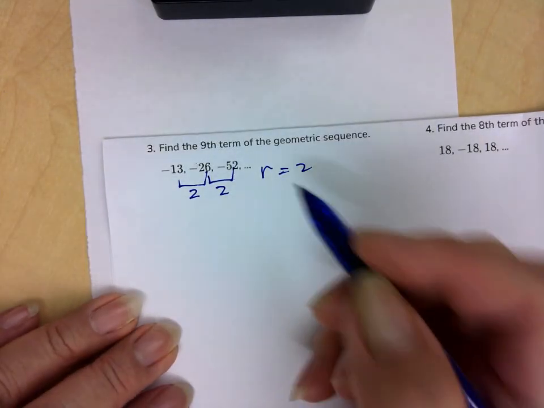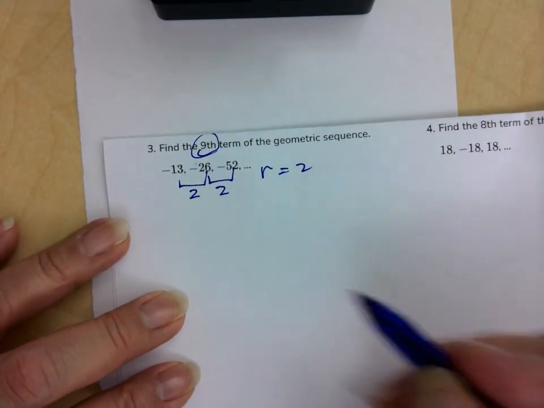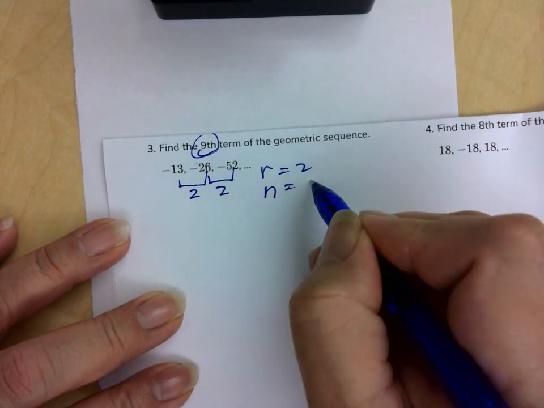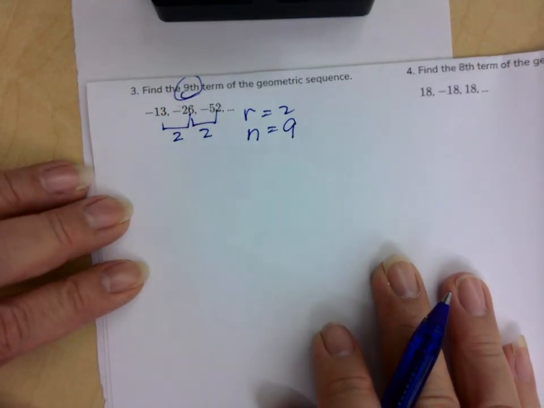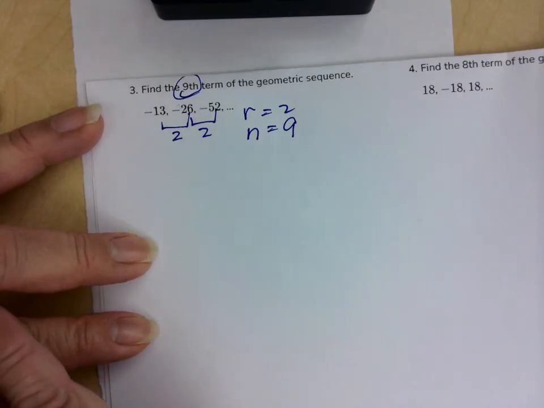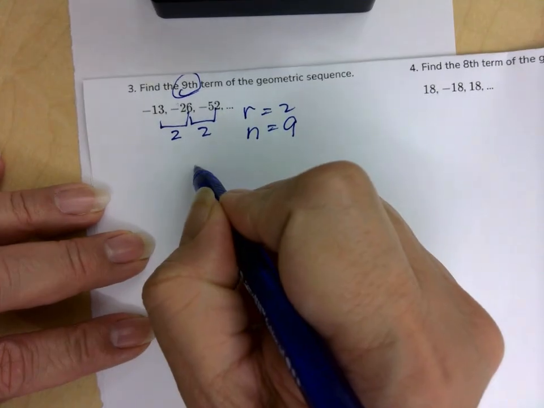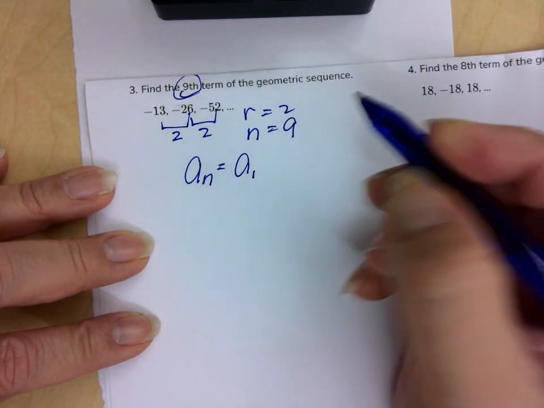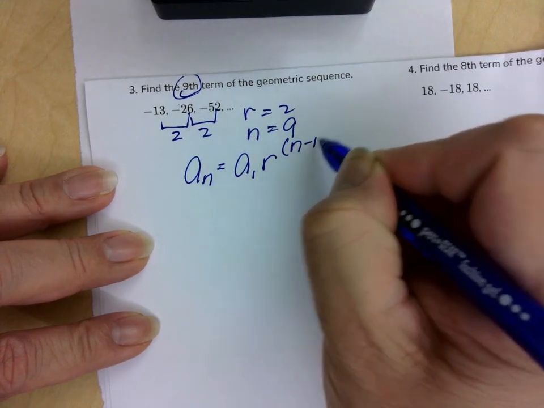And then, let's say you are looking for the 9th term. What is 9th? That is your n. Our n is 9. What's the formula again for finding the nth term using geometric sequence? That is a sub n is equal to a sub 1 times r raised to the n minus 1 power.